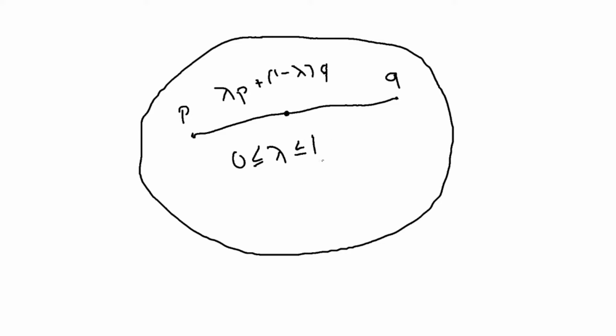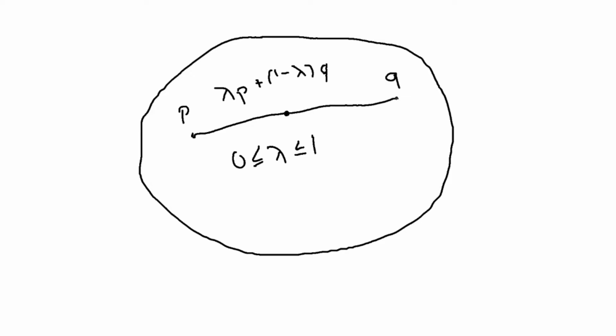So if lambda is equal to 1, you're at P. If lambda is equal to 0, you're at Q. Lambda 1/2 would be in the middle, and so as lambda goes from 1 to 0, it traverses along this line. So this parametrically describes the line between P and Q.